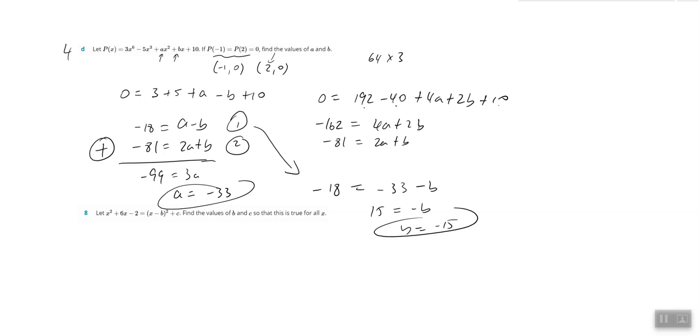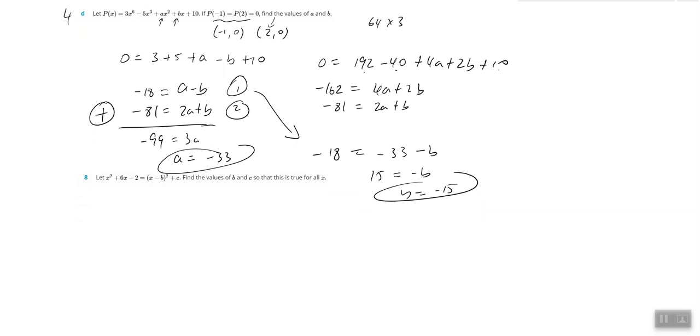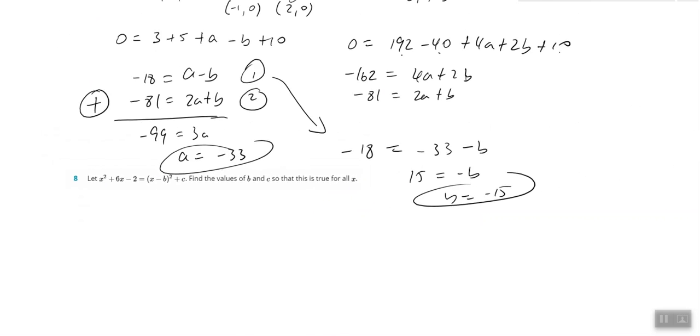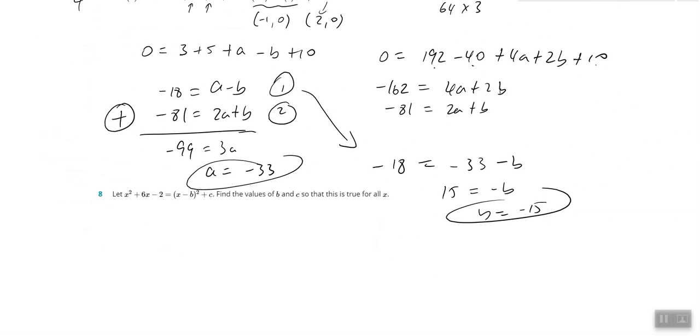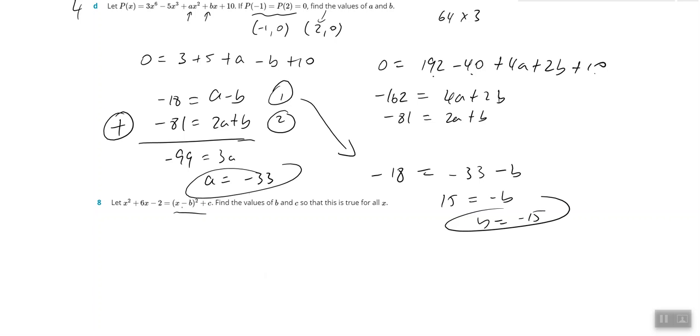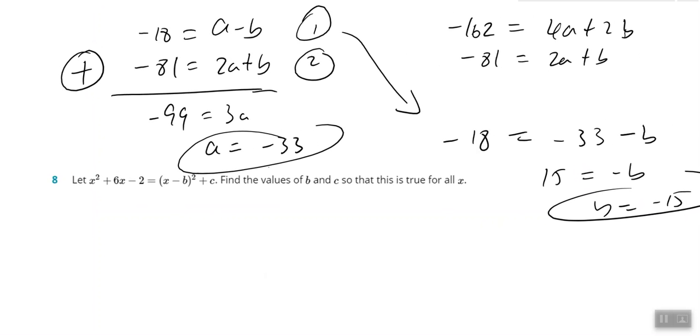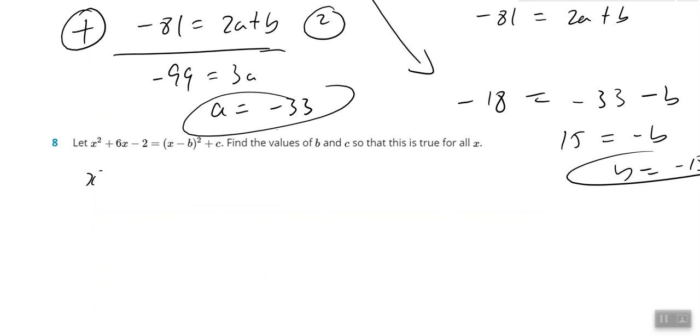Okay, question 5. You want to expand the second expression, the one with x minus b squared plus c. Why are we doing that? Because we want to equate coefficients, just comparing apples with apples.